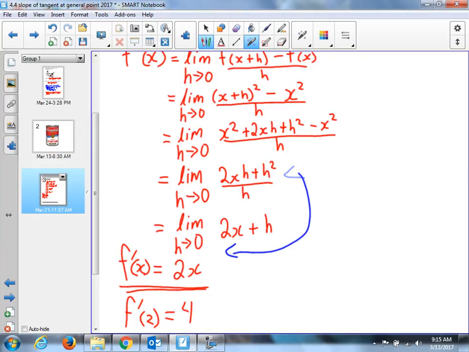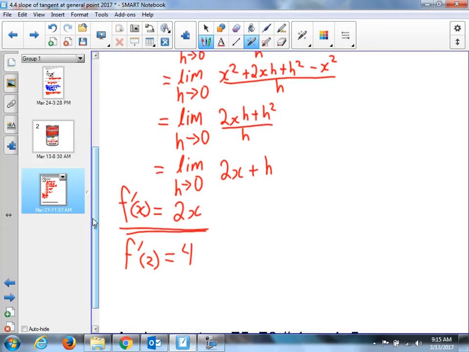However, here's the advantage. If I had then part B, evaluate f prime of 5, or what is the slope of the tangent line at x equals negative 2? So we'll just throw this as an aside.